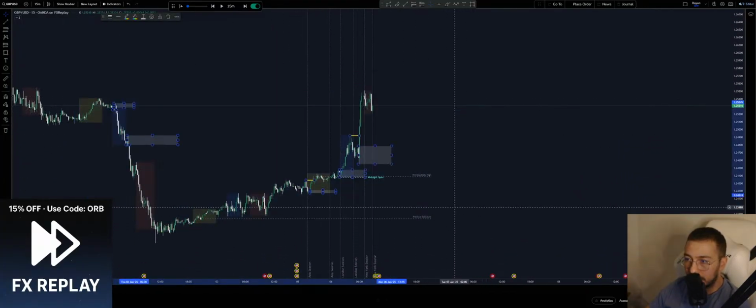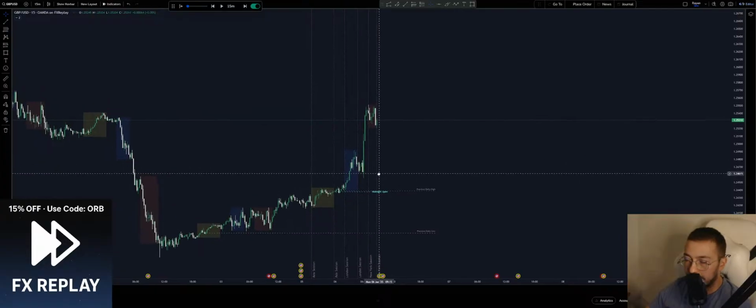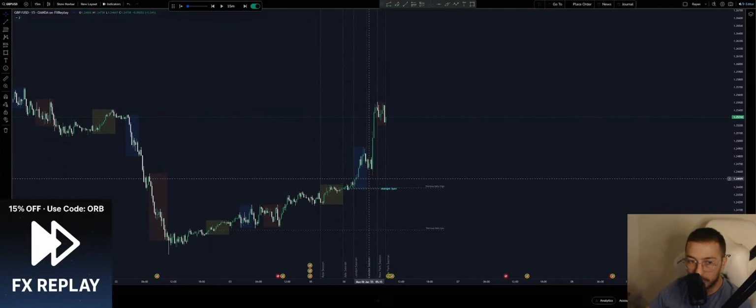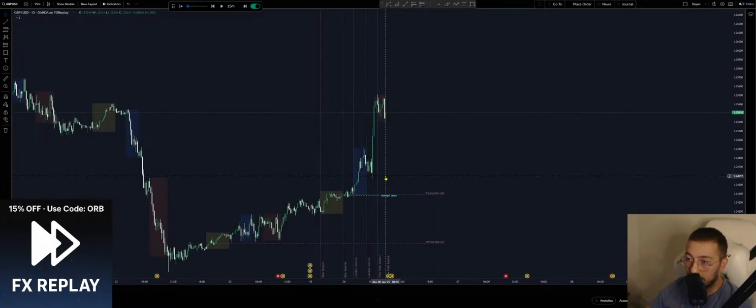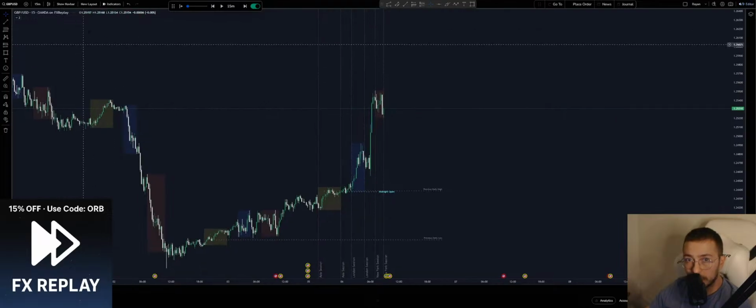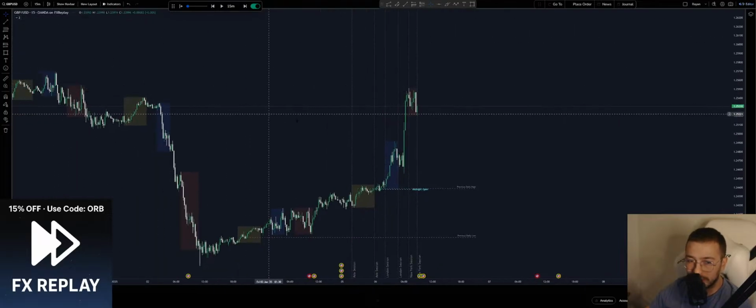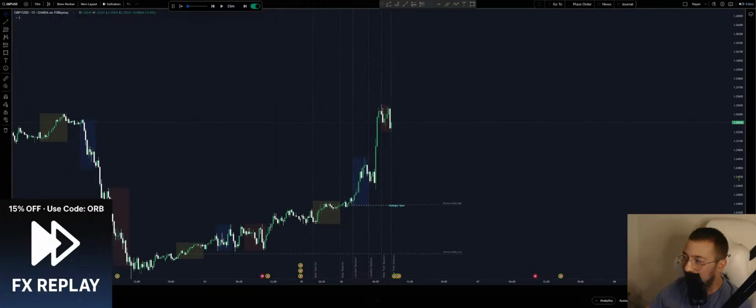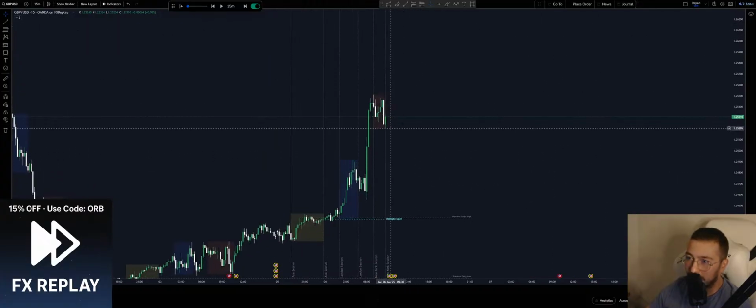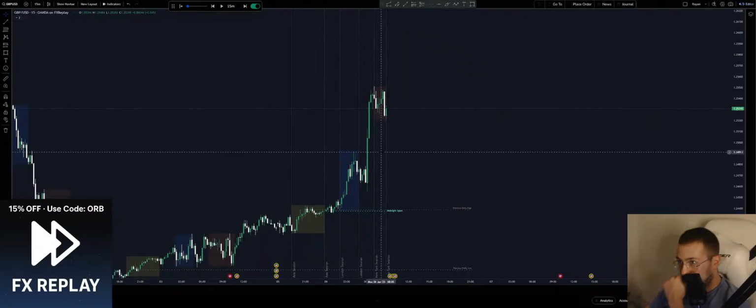So this strategy works very well on Pound USD. It is so far the best pair on forex. It also works on gold, but gold is very volatile for having a very tight stop, because your stop sometimes is very tight.